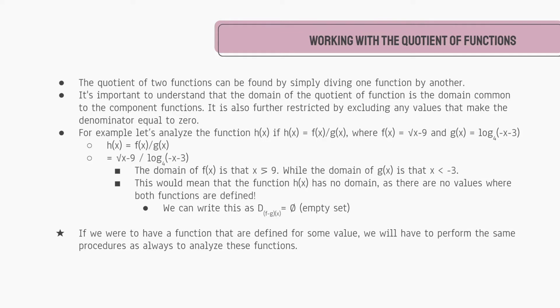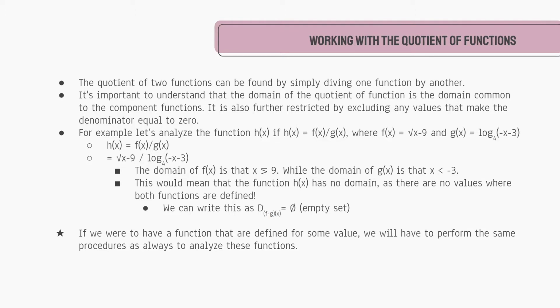Looking at the domain of g of x, we've been learning about this. Logarithmic functions have a vertical asymptote at x equals 0. So now we have negative x minus 3, and we can factor it into negative (x plus 3), and that x plus 3 cannot equal 0, right?